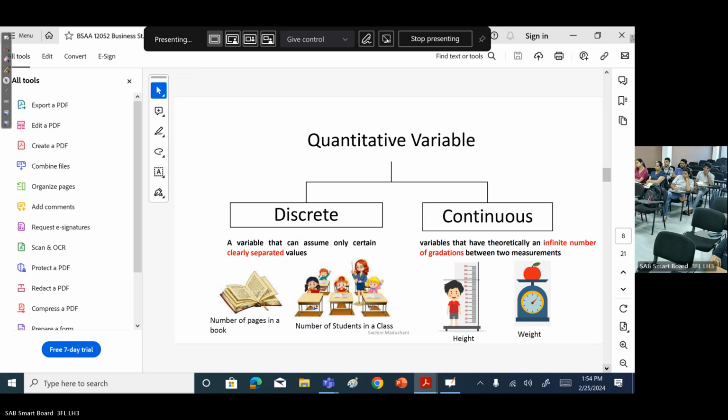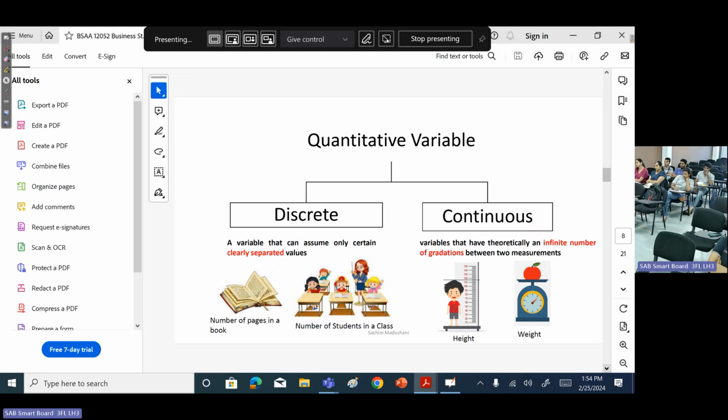There is a gradation between two values. It does not always take exact, clearly separated values. Weight and height are examples of continuous variables.